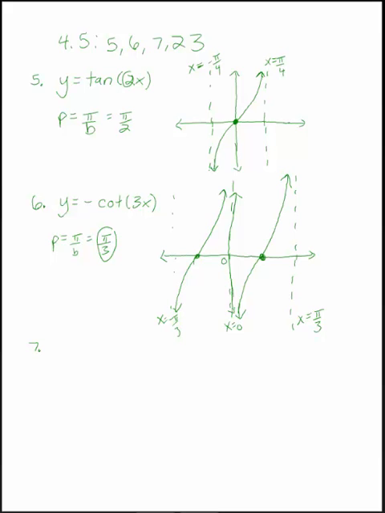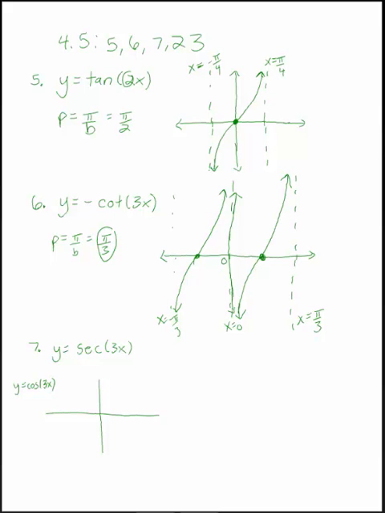7's asking us to graph y equals the secant of 3x. Now, in order to graph this, since I'm graphing a secant function, I actually take a moment and I graph y equals cosine of 3x.